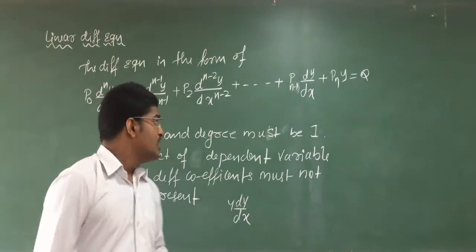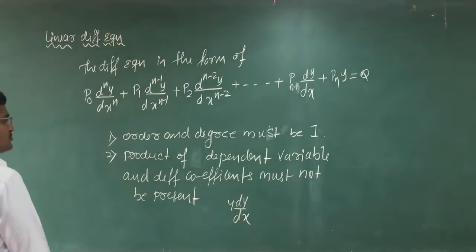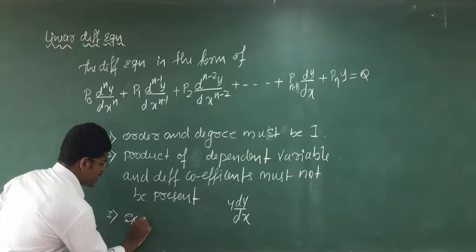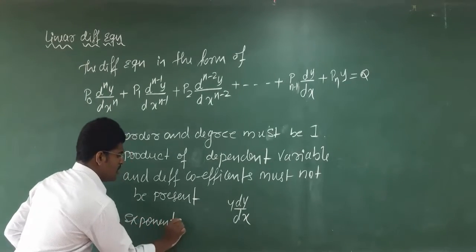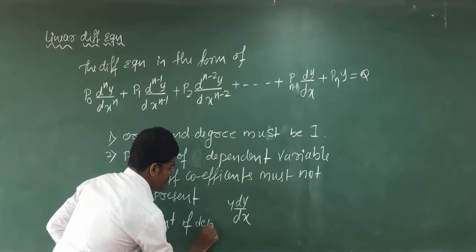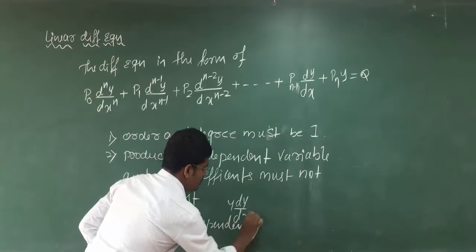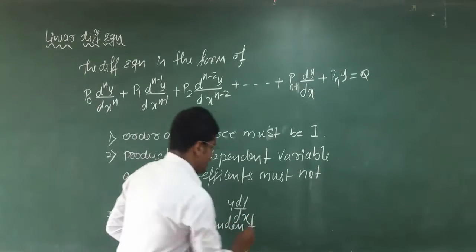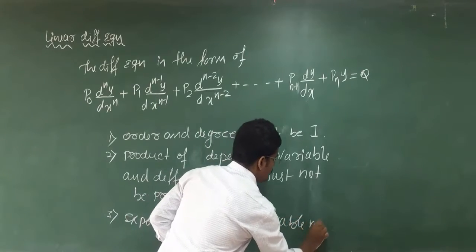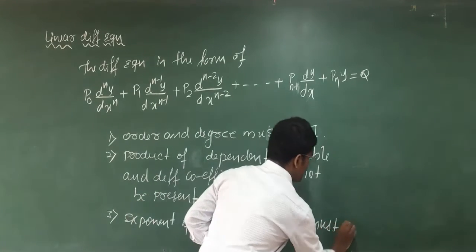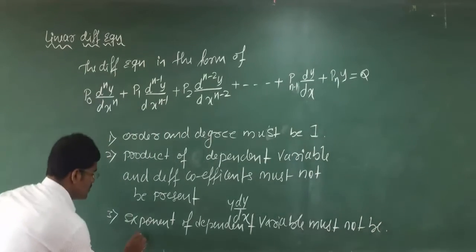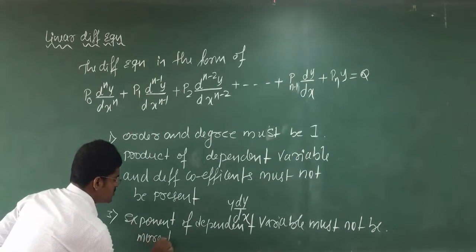Next, the third one: the exponent of the dependent variable must not be more than 1.